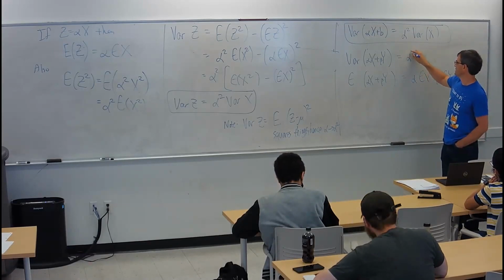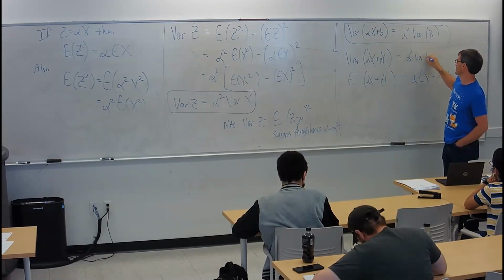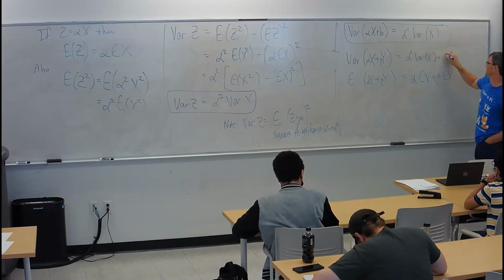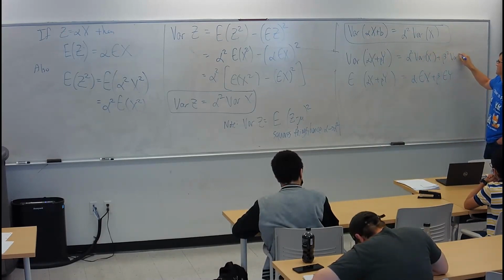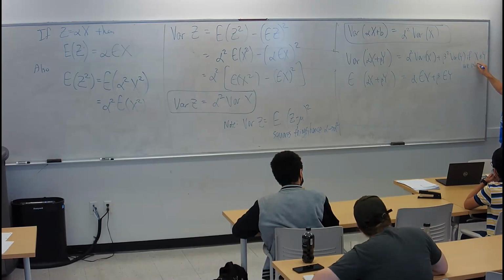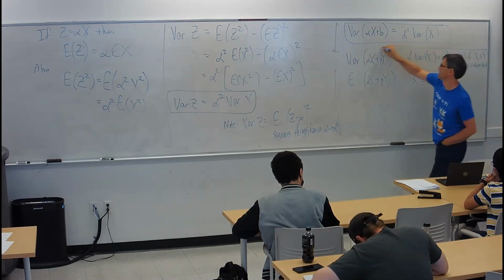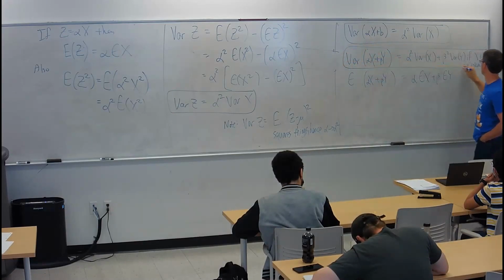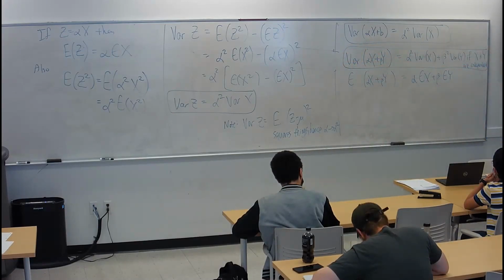So I'm going to write down an answer, but then say that it's only sometimes true. So when you look at a sum of variables, you add their variances, but only when they're independent.